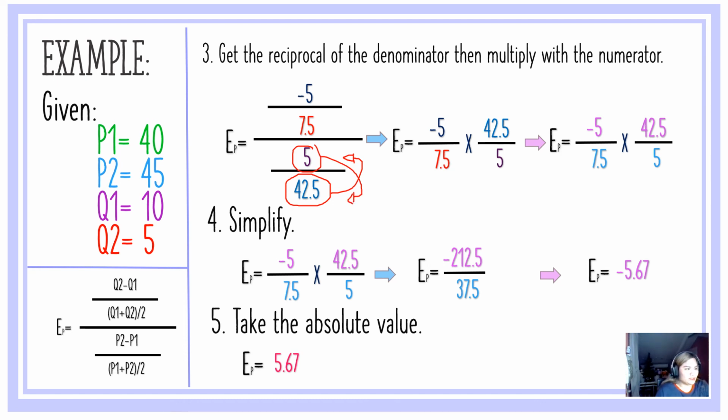Let's just copy the numerator as is: negative 5 divided by 7.5.